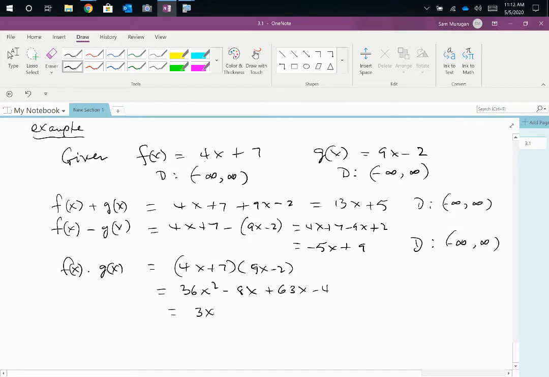So this is 36x squared plus 55x minus 14. Okay, let me just box these so you can see them clearly.